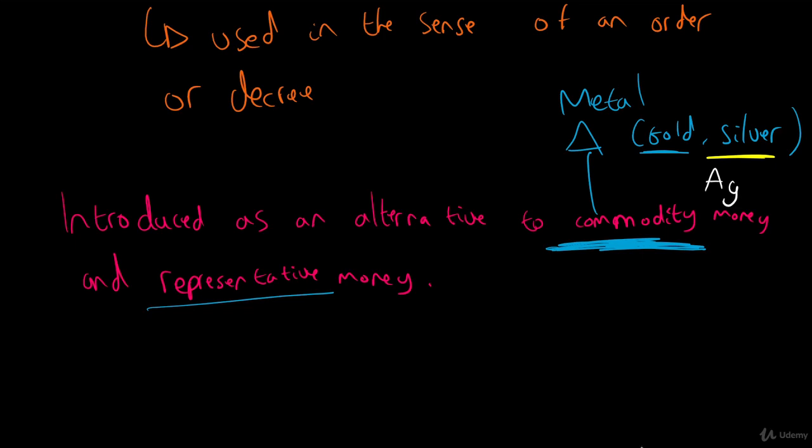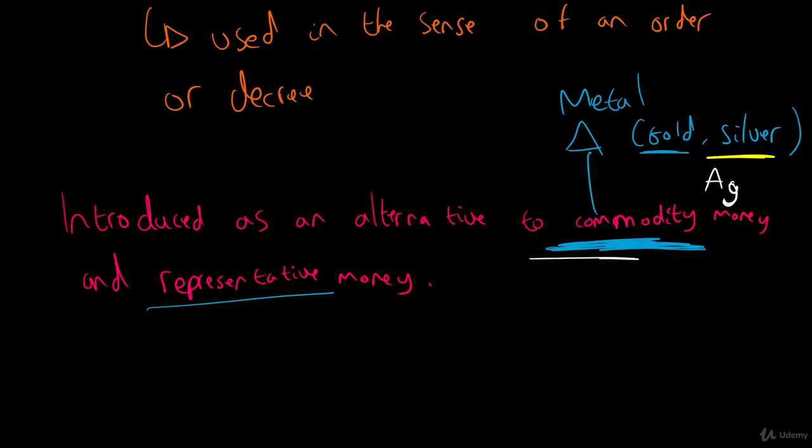So Ag is for silver, and it stands for argentum. In Greek times, it was essentially the word for silver, like the color silver. But then a bit later on in Roman times, argentum was essentially the word for money because they used silver. So that's just a bit of a side note.